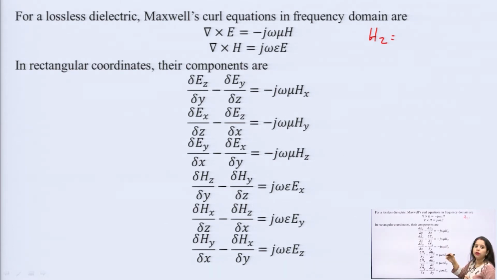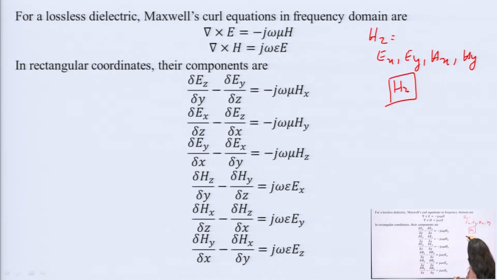We have to get the expressions of Ex, Ey, Hx, Hy in terms of Hz. The basic calculation which I am going to do here is just to get the expressions of these four in terms of Hz.